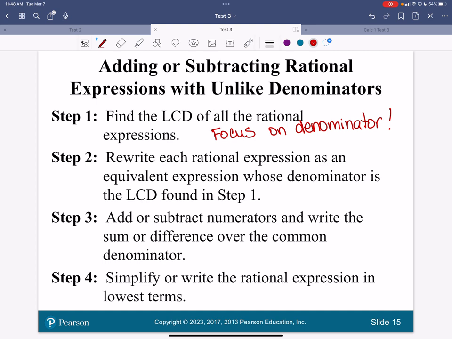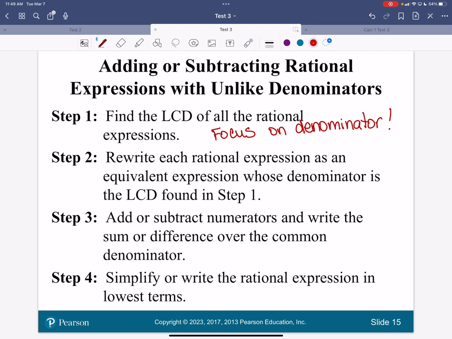Step 2, rewrite each rational expression as an equivalent expression whose denominator is the LCD found in step 1. So our second step is to make sure every rational expression includes all parts of the LCD. So anything that's missing, we've got to multiply the numerator and the denominator by that. The numerator and the denominator. Step 3, add or subtract the numerators and write the sum or difference over the common denominator.